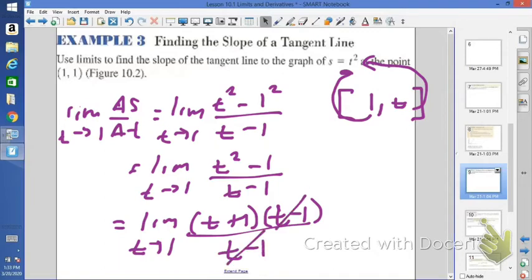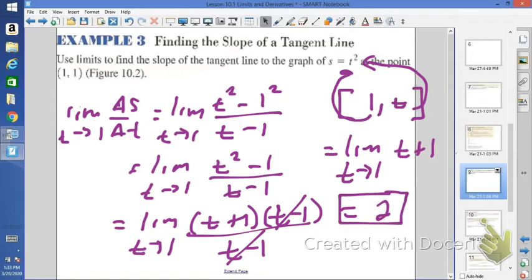The t minus 1's cancel, so you have the limit as t approaches 1 of t plus 1. Alright, now we're in a position to plug in 1 for t and get 2. Alright, so the slope of the tangent line to the graph of s equals t squared is 2.